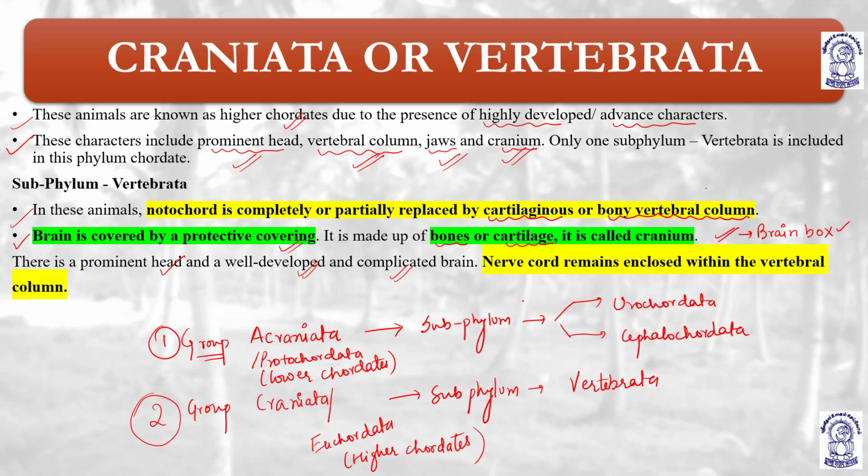Nerve cord remains enclosed within the vertebral column. Let me explain the transition. In Acraniata or protochordates, the nerve cord was not enclosed by the notochord.